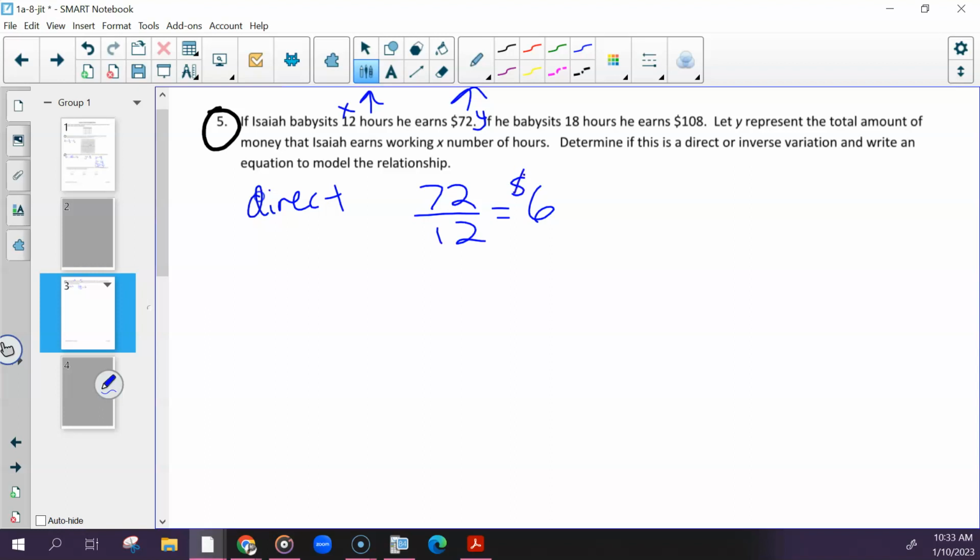So this would be $6 per hour for our k. And then our equation would be y equals 6x. They didn't ask us to find anything else because they gave us all of our values. We weren't missing one. We just had to find the equation. Other questions on that?